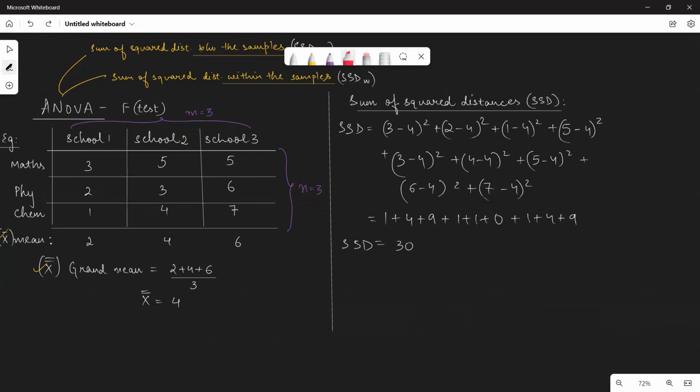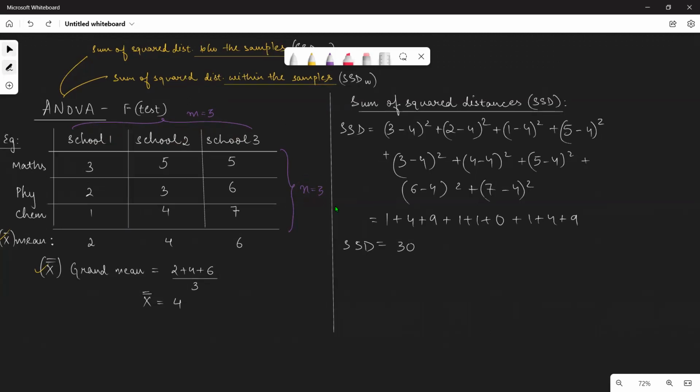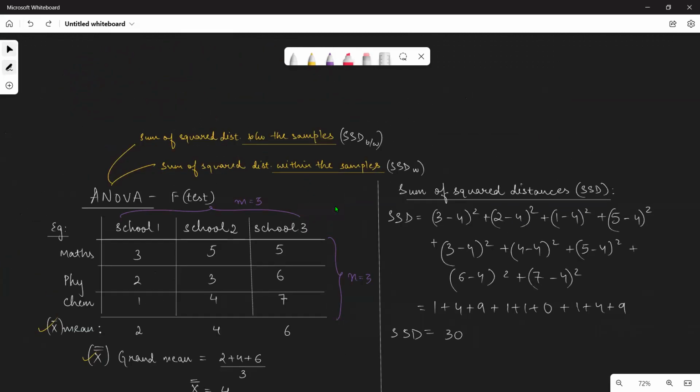Now, when we talk about sum of square distances, what did I say? With respect to ANOVA, you are supposed to calculate sum of square distances between the samples and sum of square distances within the samples. Right now, what we have calculated is neither of them.